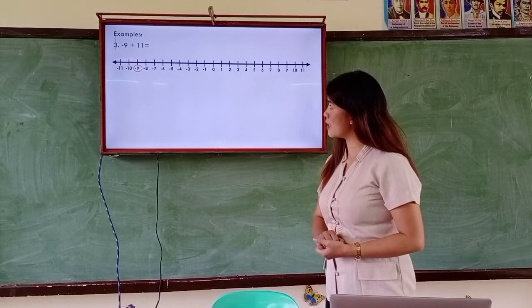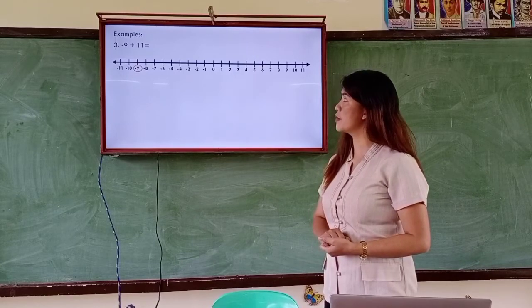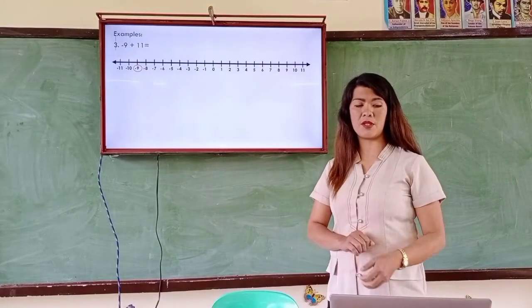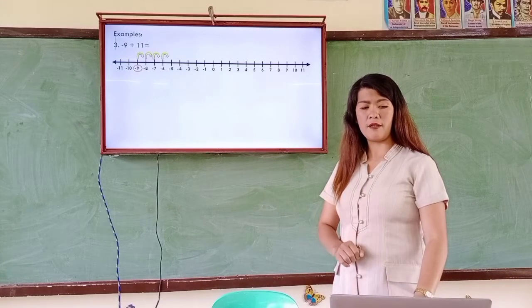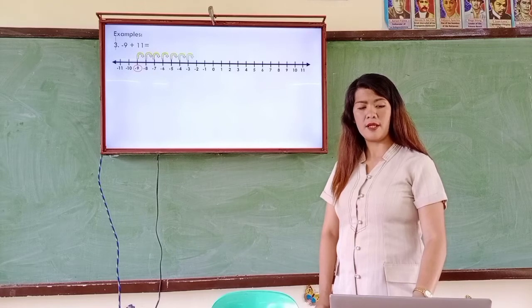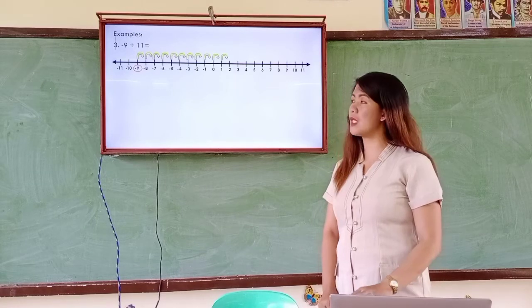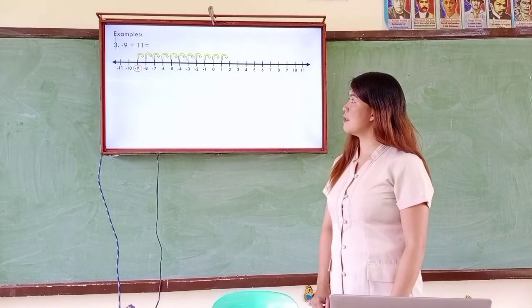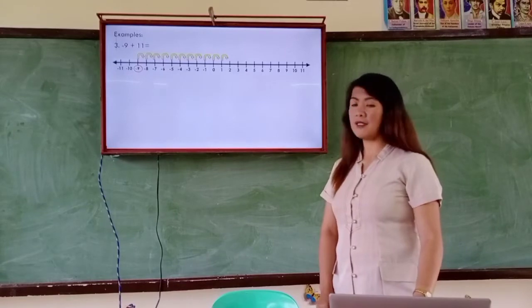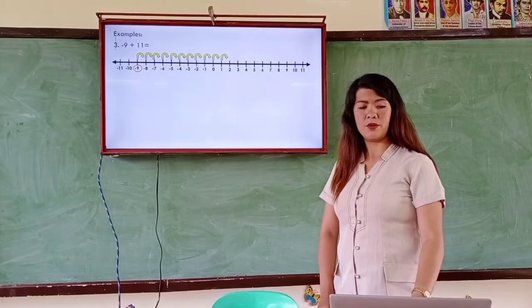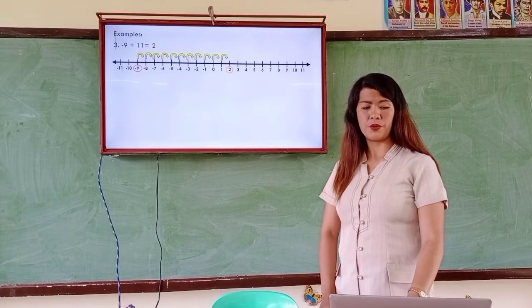Since we add positive, we are going to move to the right 11 times. So we have 1, 2, 3, 4, 5, 6, 7, 8, 9, 10, 11. We stop at positive 2. Therefore, negative 9 plus positive 11 is equal to positive 2.